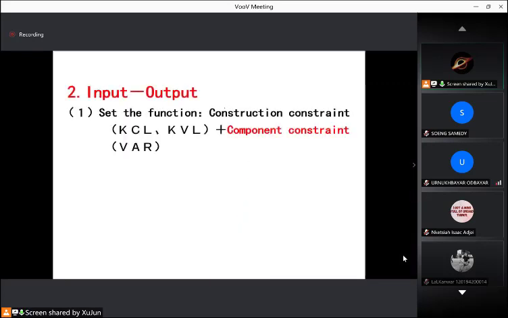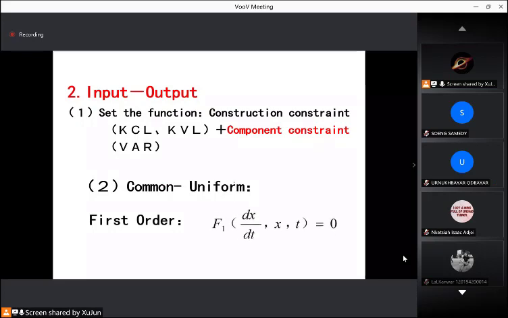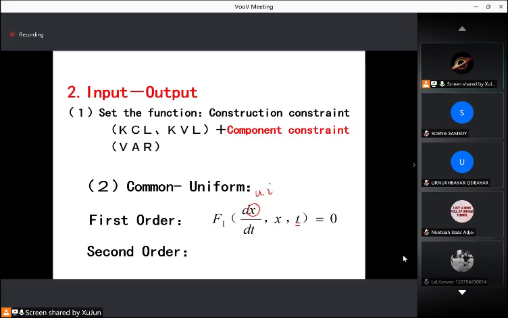So the function is the construction constraint and the component constraint. The construction constraint means KCL. The uniform function will be like this. For the first order, this is a variable, maybe u or I, and it will also contain time t. The second order will have a second order differential.